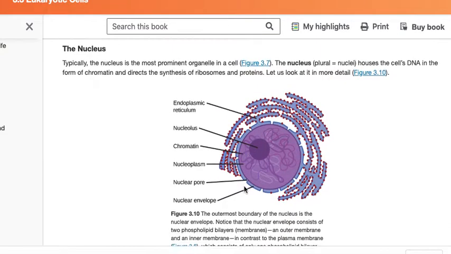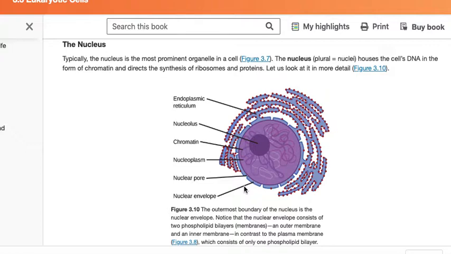The nucleus has all of your DNA, and all of your genetic material is found inside of the nucleus. We're going to end up talking about this a lot later.